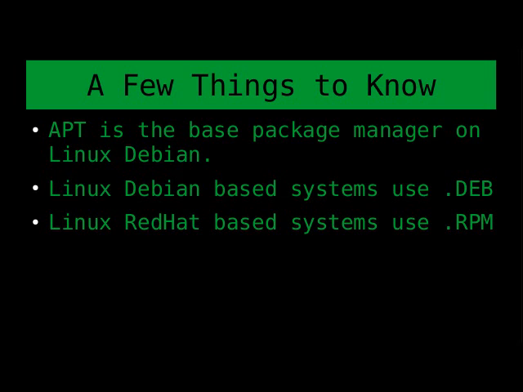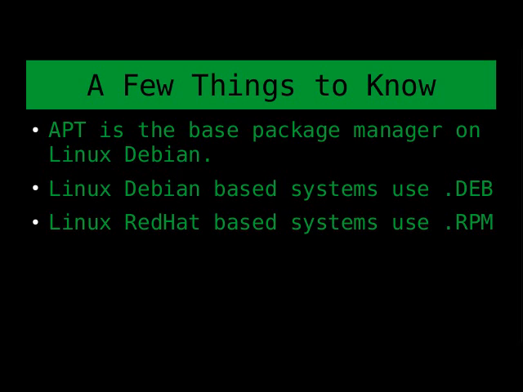Now, Linux Debian-based systems use deb packages, and Linux Red Hat-based systems use Red Hat Package Manager, or RPM packages. But package management on many Linux-based systems is very similar.